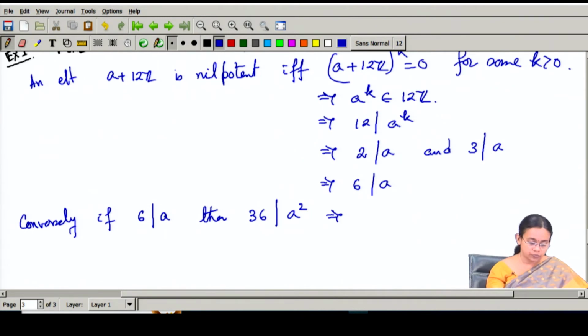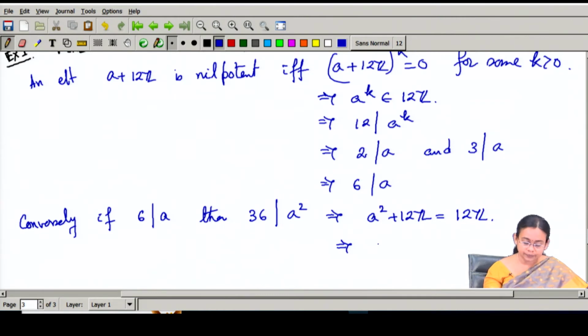So, this implies that the image of A square in the quotient is equal to 0, because A square is divisible by 36 and 36 is a multiple of 12. So, therefore, A square is in the ideal 12Z. Therefore, A square is 0 in this one.